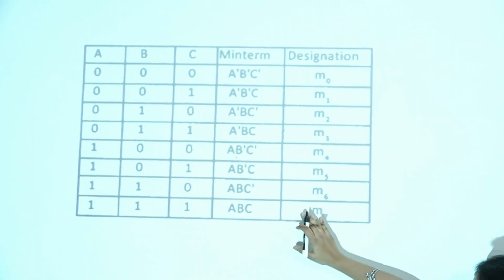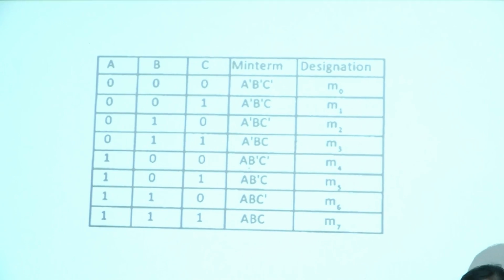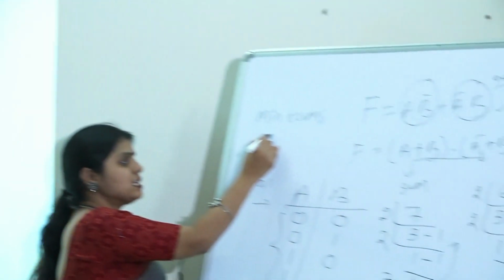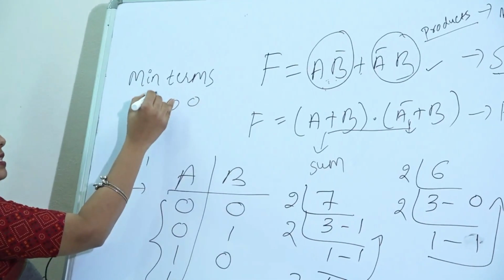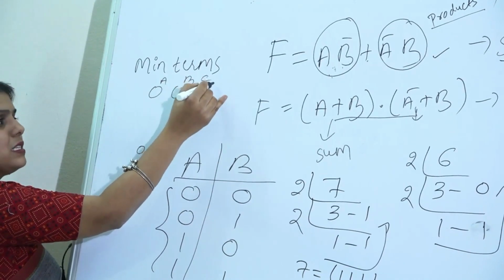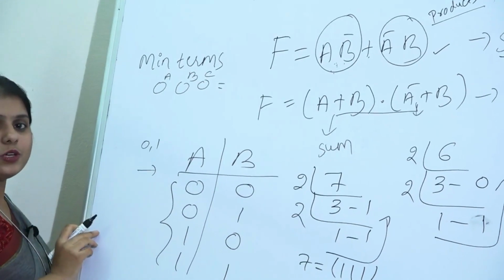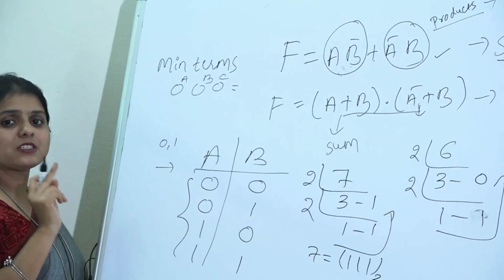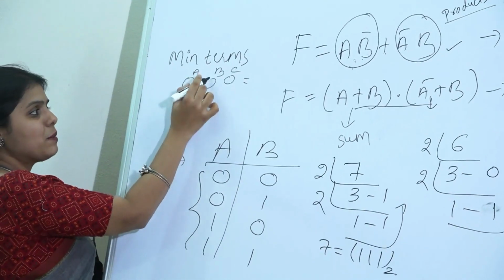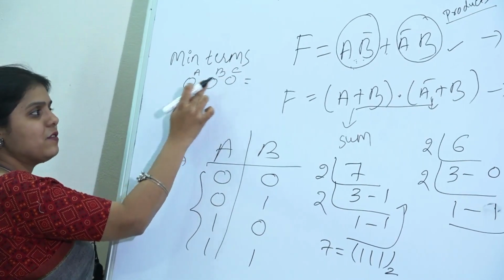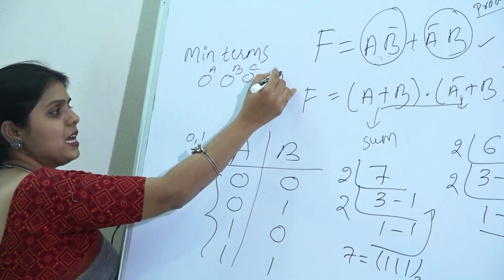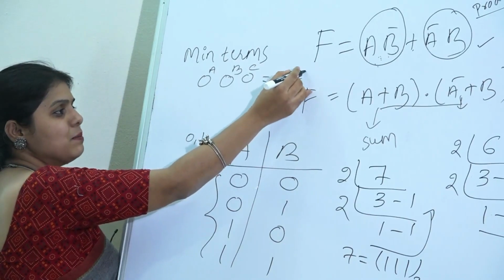Now when you look at this, when I say 0 0 0, the A input is 0, the B input is 0, the C input is 0. As I told you earlier, the 0 terms are represented with a complement. So I represent A, B, C when they are 0 0 0 as A bar, B bar, C bar.